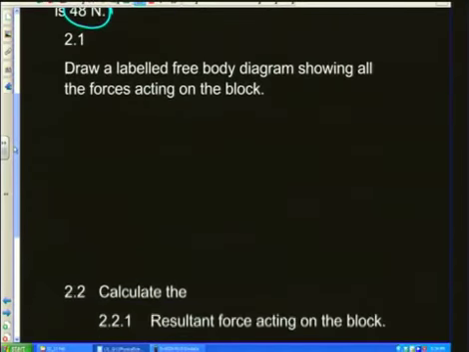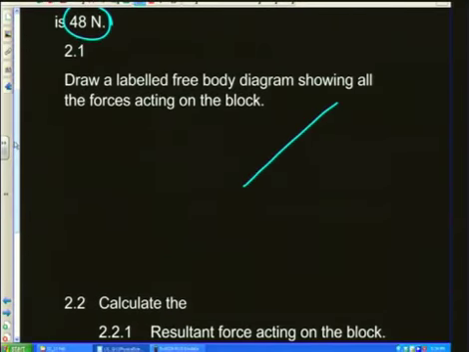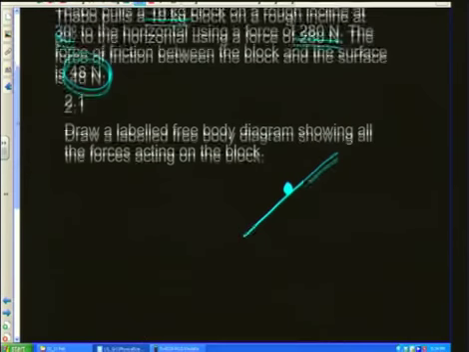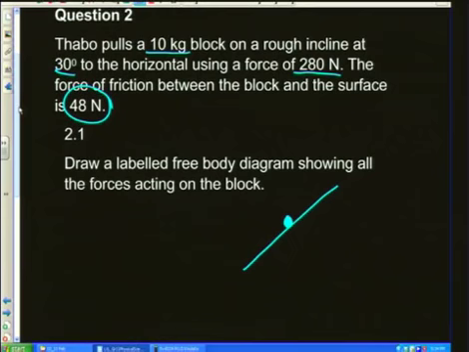Okay, now you've got an incline. Let me use a dot there. From there, you have the gravitational force, so there is your Fg. Now this block is pulled at an angle of 30 degrees by Turbo using 280 newtons, so you will have that 280 newton force there.